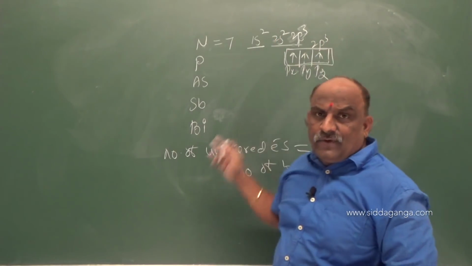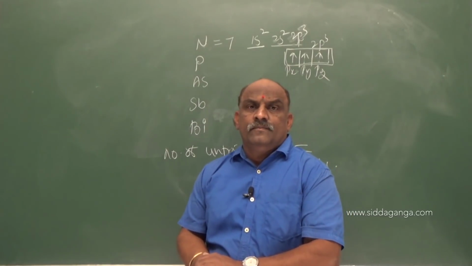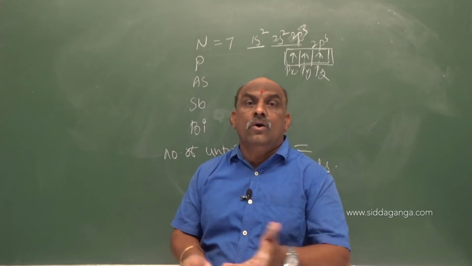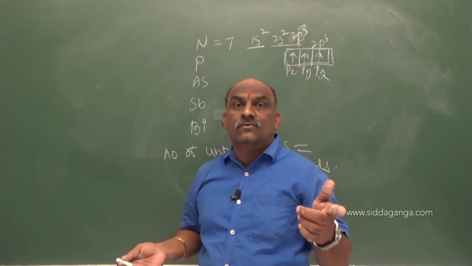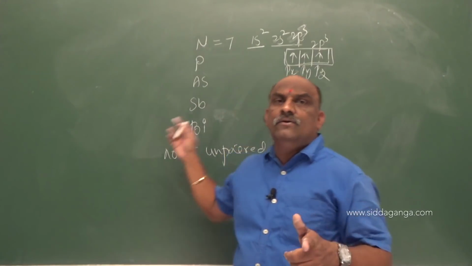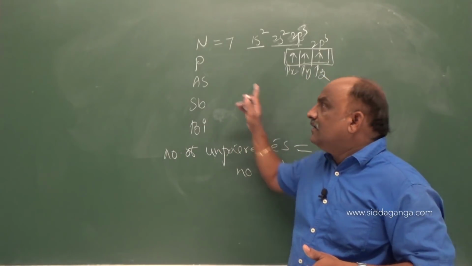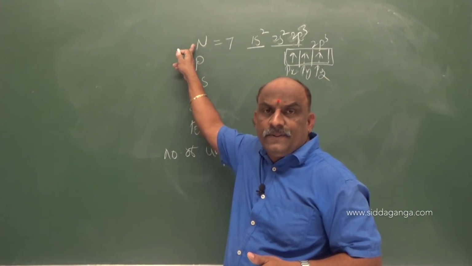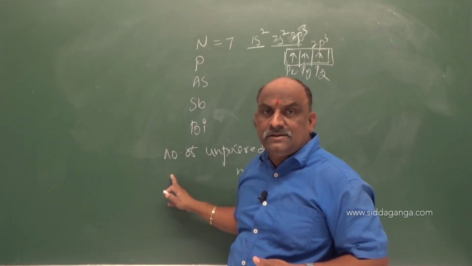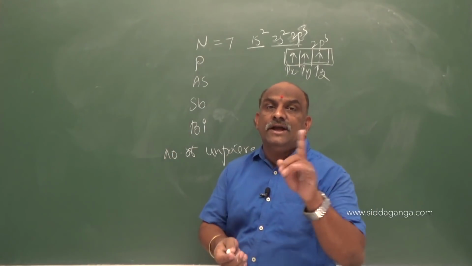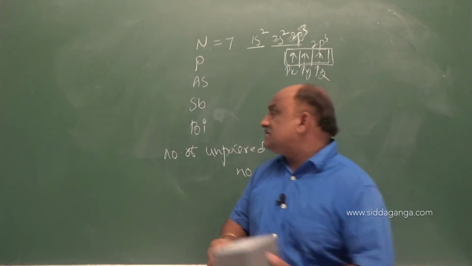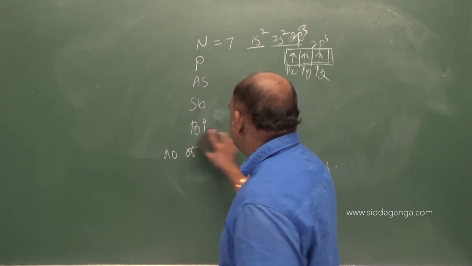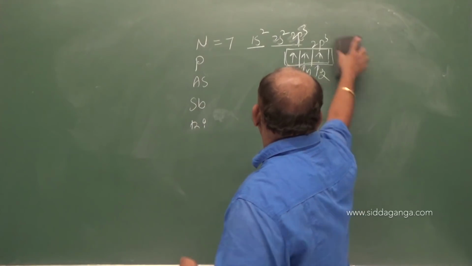Is it possible to form a 2d orbital? No, there is no 2d. D orbitals start from the third level. Except nitrogen, all the remaining elements have d orbitals. So what will be the use of these d orbitals?